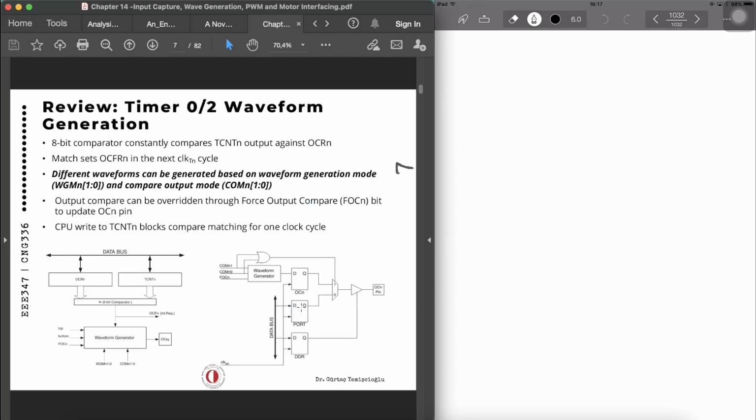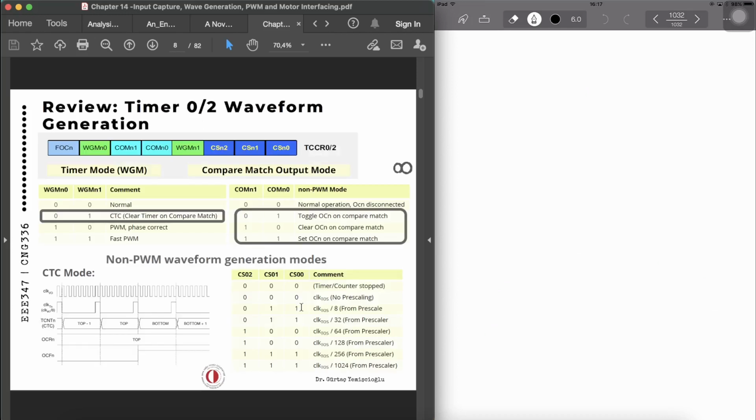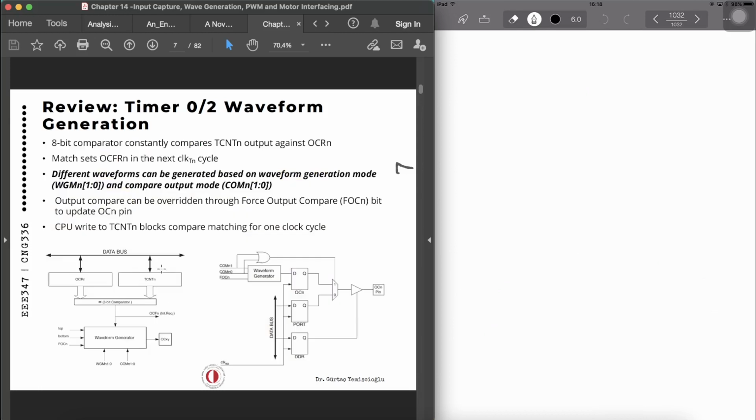Okay, so timer 0 and timer 2 waveform generation is configured through the TCCR registers, TCCR0 and TCCR2, and we have got the WGM bits, which select the timer mode: normal mode or CTC mode, which we generally use. In waveform generation, as I already mentioned over here, TCNT is compared with OCRn, and the two values matching sets the OCFn and creates a waveform.